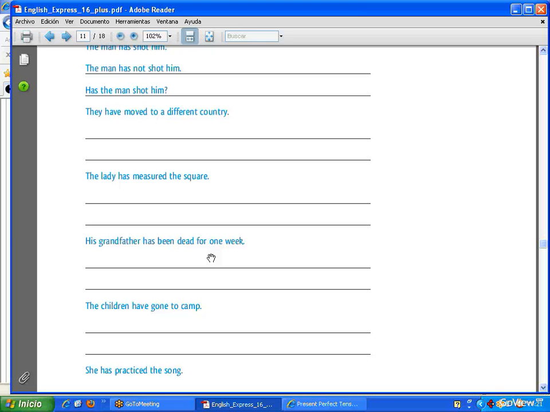Su abuelo ha estado muerto, you could say desde hace una semana. His grandfather has been dead for 1 week. Has his grandfather been dead for 1 week? The children have gone to camp. The children have not gone to camp. Have the children gone to camp? She has practiced the song. She has not practiced the song. Has she practiced the song?